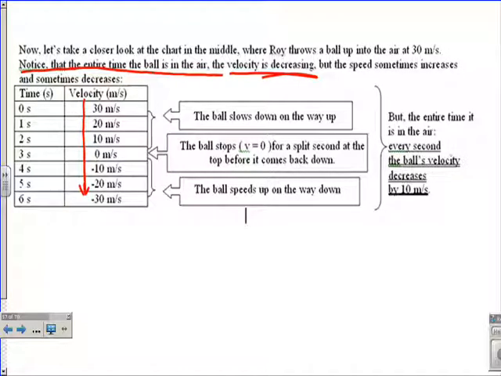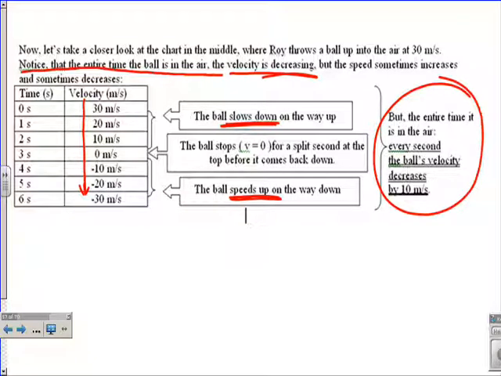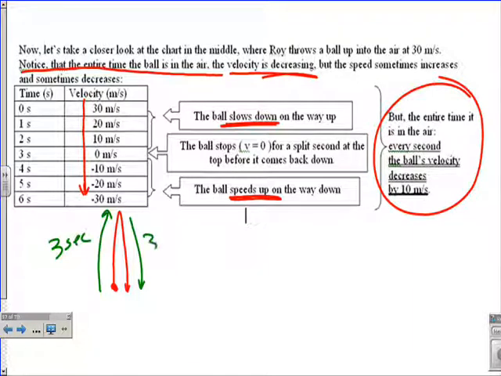Even though it's slowing down on the way up and speeding up on the way down, the entire time the velocity is decreasing. This also points out an important fact: when you throw a ball up into the air, it goes up and comes back down, and it takes just as much time to go up as it does to come back down. It took 3 seconds to go up. It takes another 3 seconds to go down.